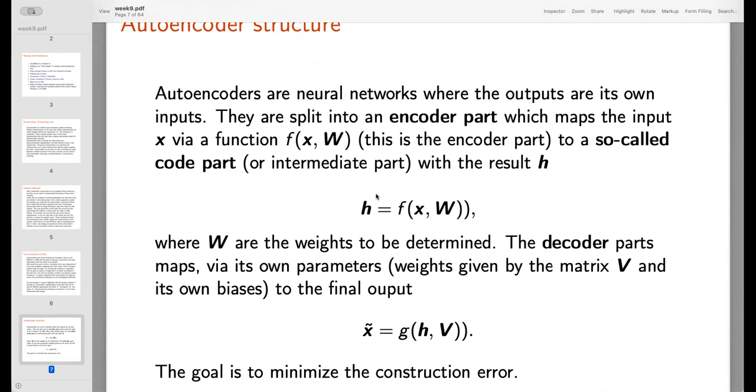You can think of having two functions, one function f and one function g. Let's switch over to the whiteboard and try to visualize this and slow down the pace that way.